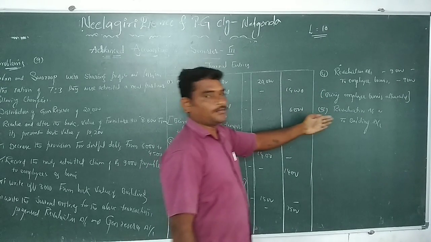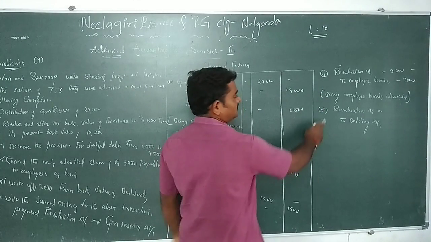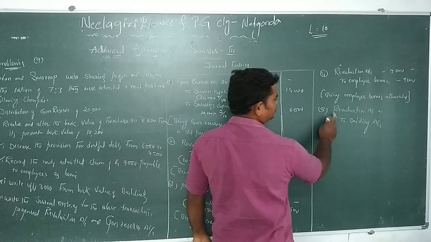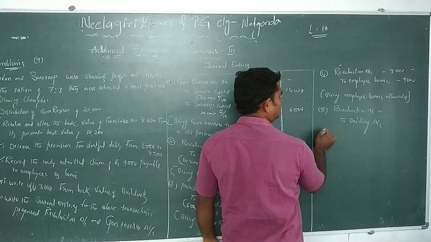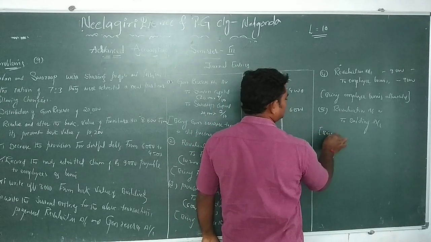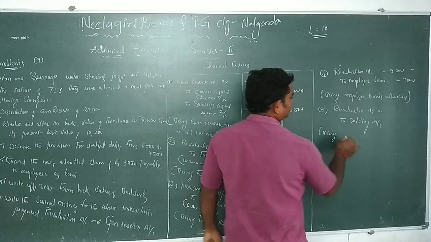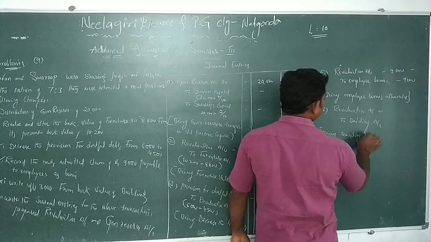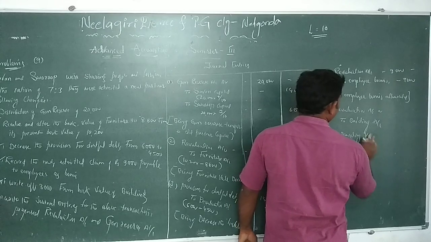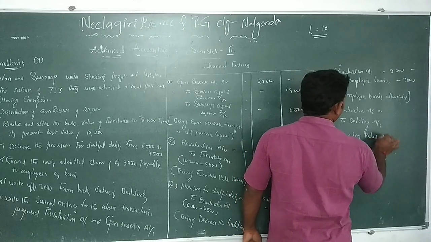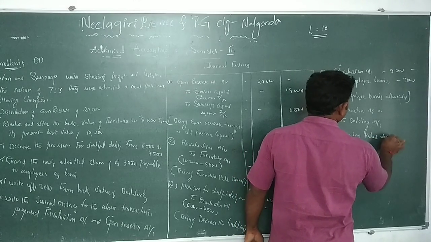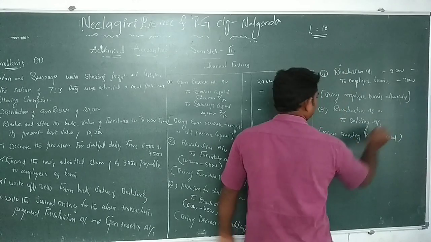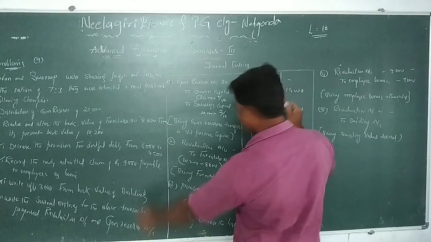So here the asset value decreased: revaluation account debit to building account, being building value decreased by 3,000.